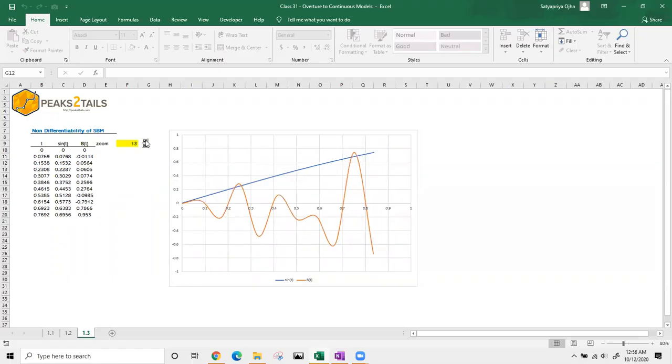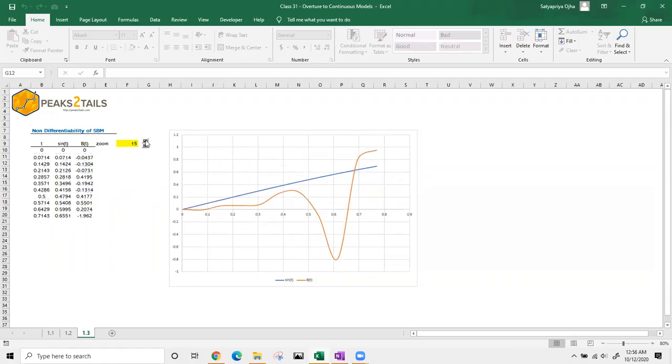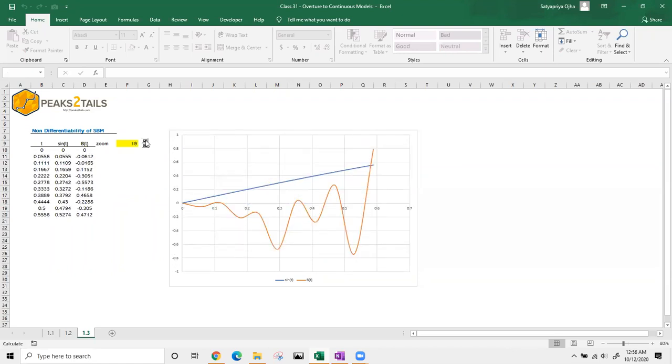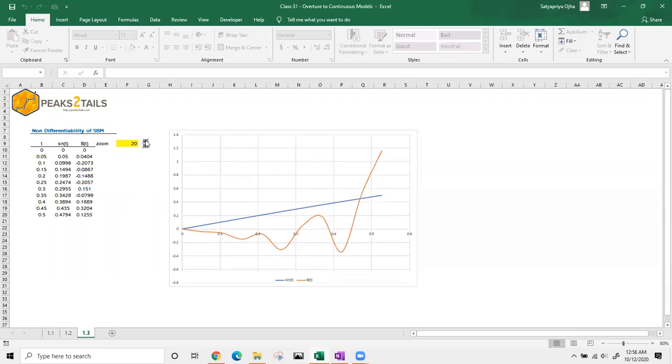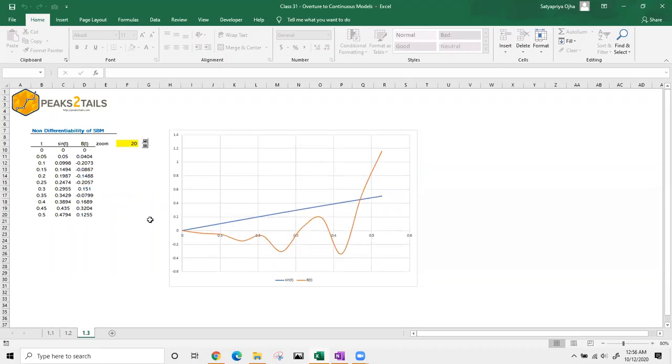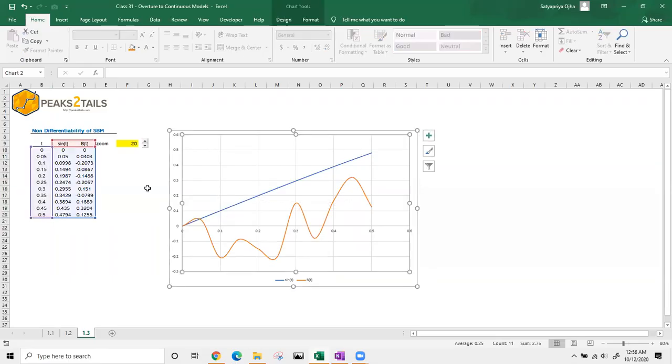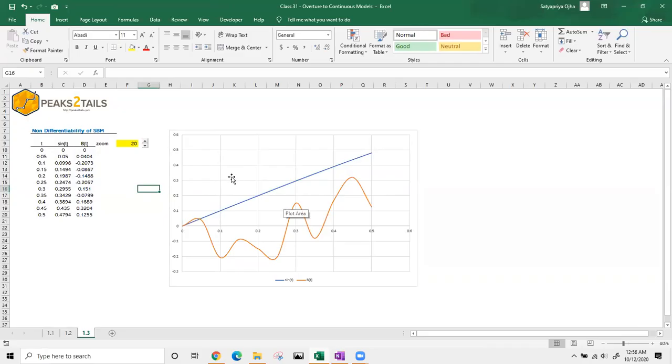But look at the Brownian motion. I'm looking at a time interval very close to the origin, from 0 to 0.5. Within that interval, sine t is almost like a line. But look at the Brownian motion. It is exactly how it appeared before. It is too squiggly. That is why it is non-differentiable.